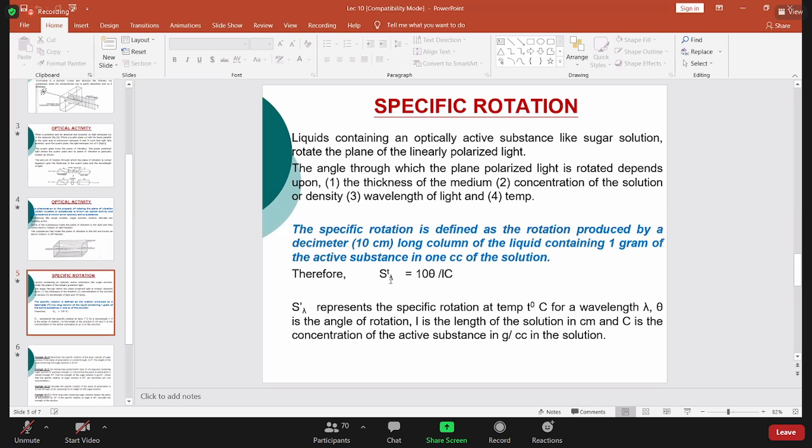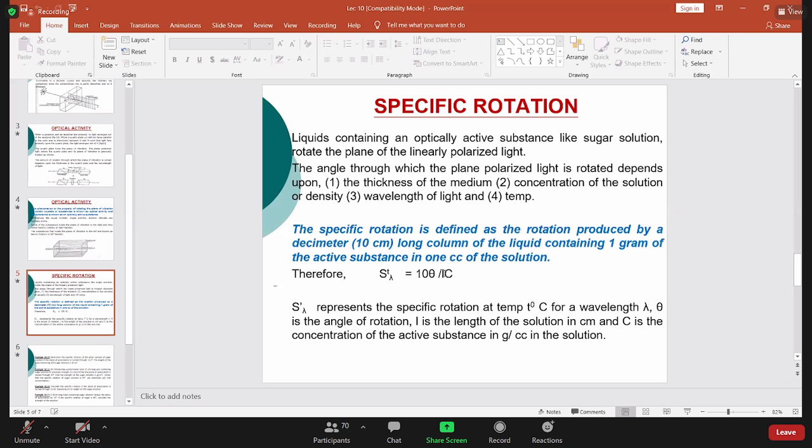Using this formula we will practice some math later on. It is very simple, you just put down the values of theta, L, C, or sometimes you may be given S and have to find the concentration.